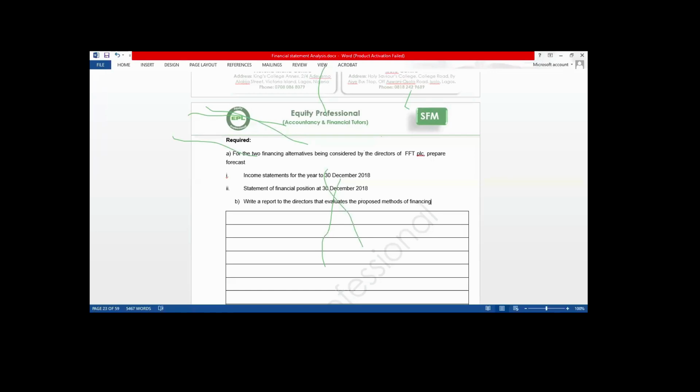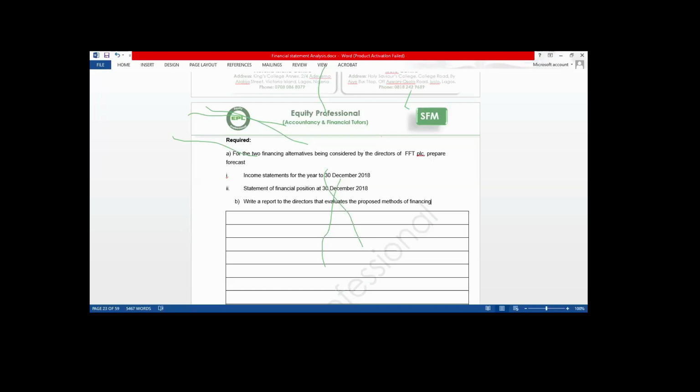And let me also be practical with you. At times, the examiner will place this as the compulsory question. If you check 2017, the examiner tested financial statement prediction as the compulsory question, 30 marks. If you check 2015 also, the examiner tested financial statement prediction for 30 marks.